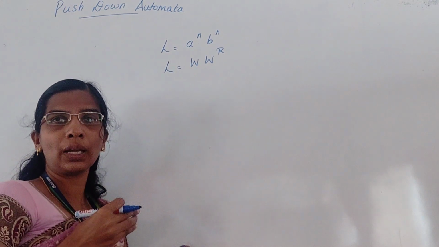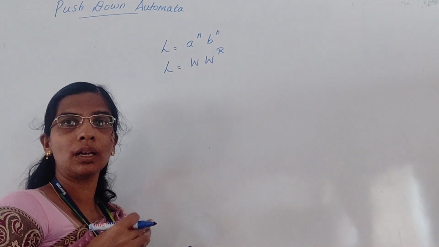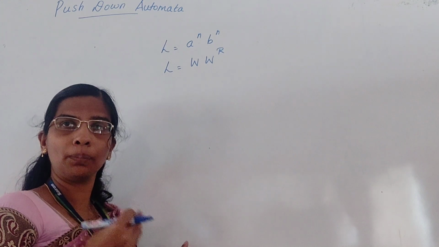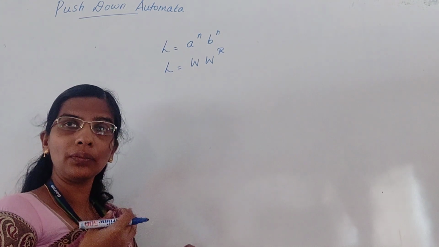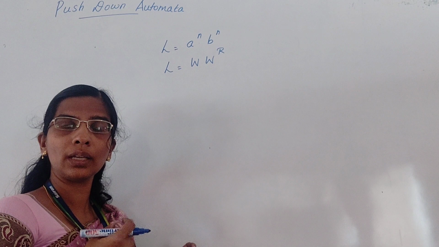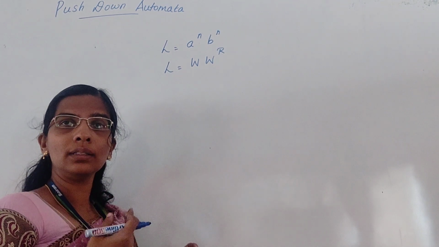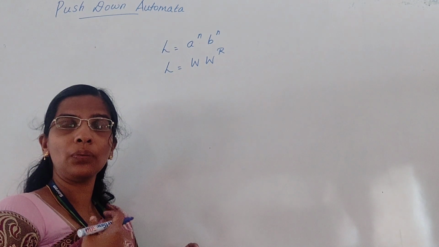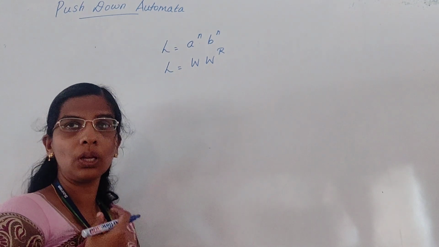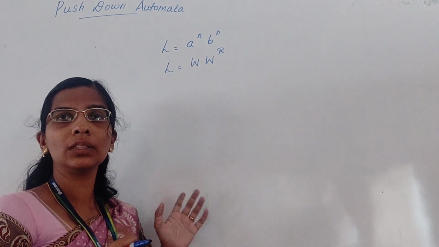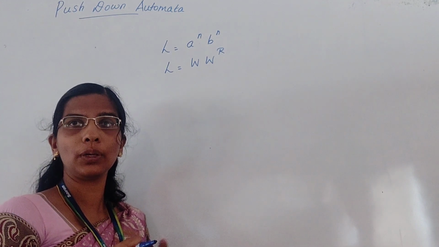For these types of languages, we cannot construct a finite state machine. But we can construct a finite state machine with an extra stack, and this finite state machine with stack is known as push down automata. We will discuss push down automata in this video.